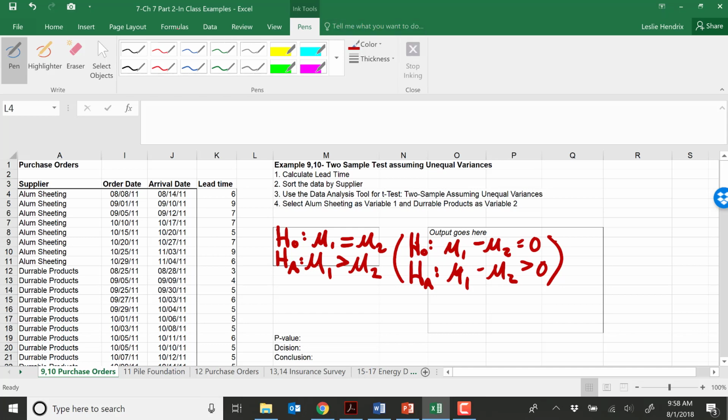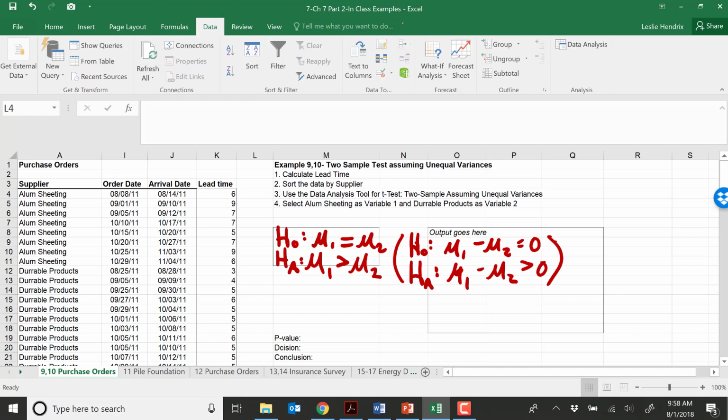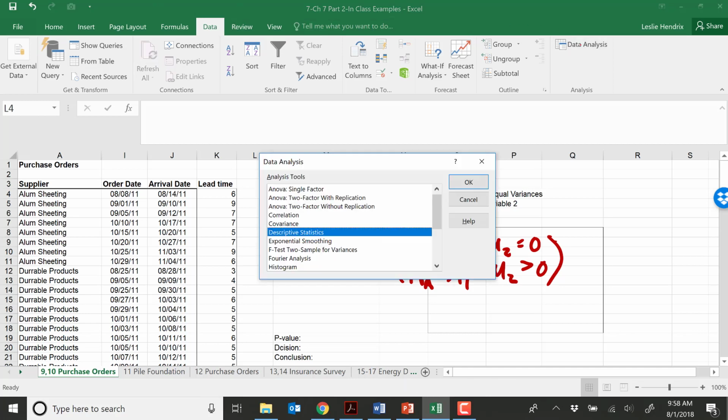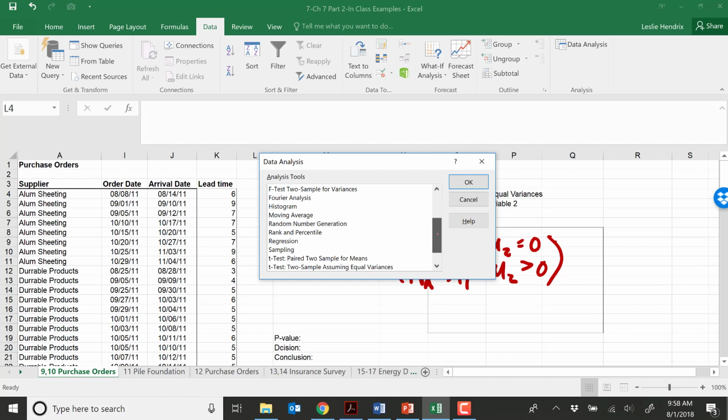So we're going to go to your data analysis toolpack, click on the data tab, data analysis, and we're going to find the menu option for this test. So we've got sample data, unknown variances, population variances, and we're not going to assume that they're equal. So we're going to look for the t-test two-sample assuming unequal variances. So there it is.